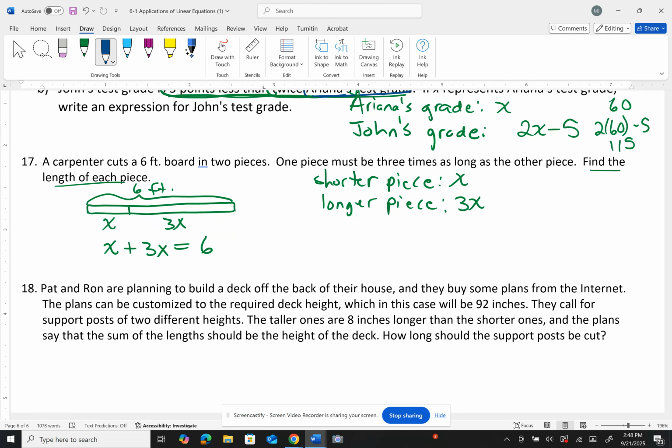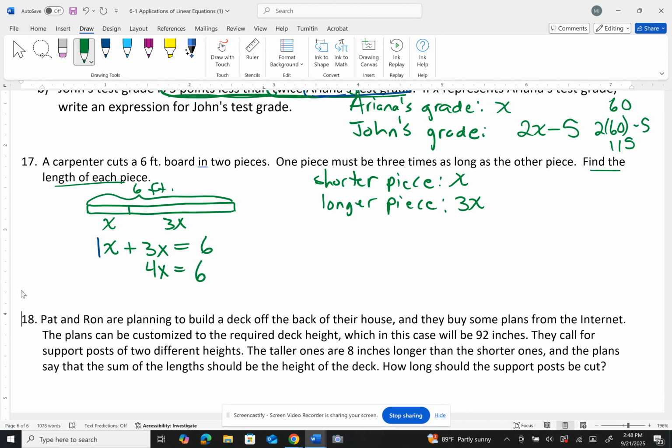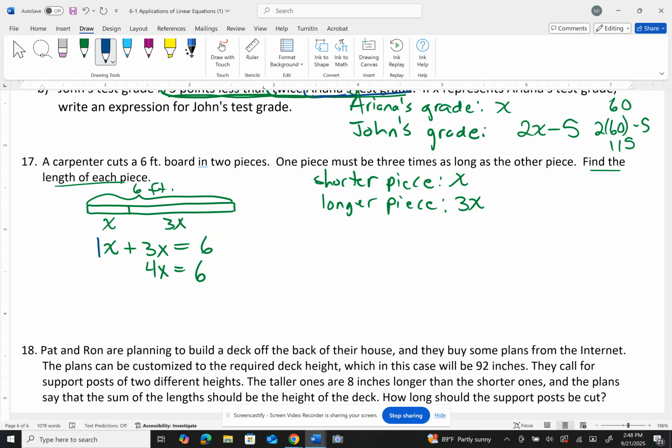Now that X is really an understood 1X, so I have that 4X equals 6. And when I divide by 4 on that, I'm going to wind up with X equaling 3/2, which is the same as 1 1/2 or 1.5.